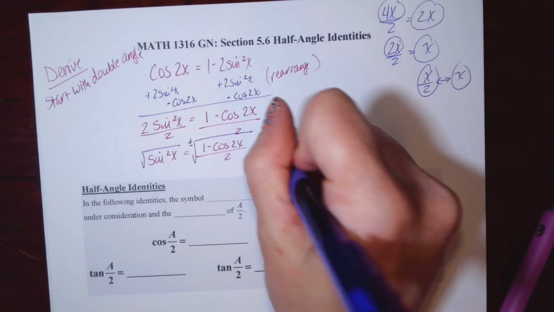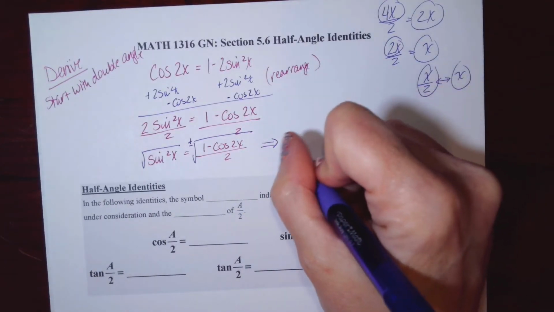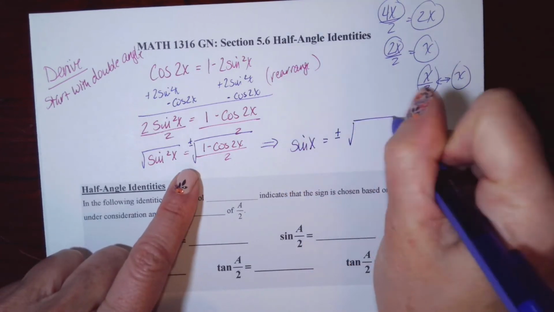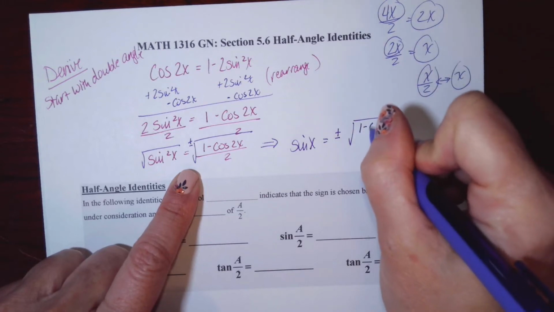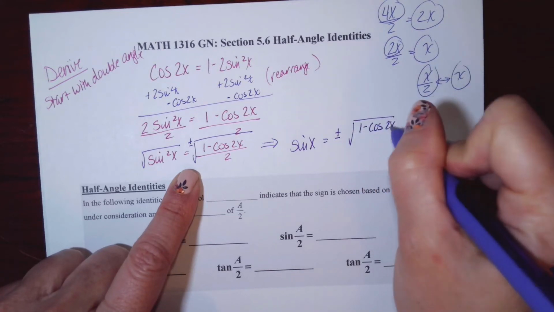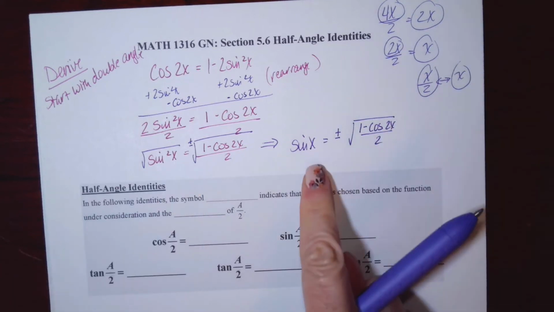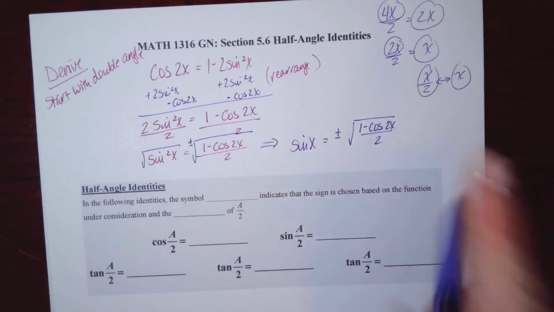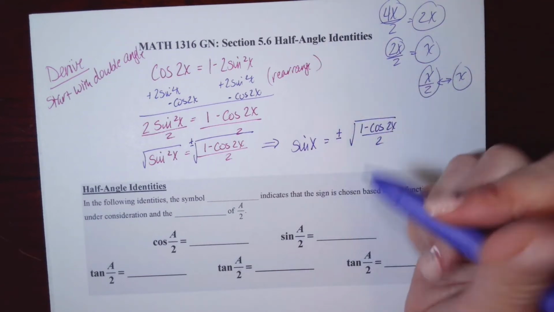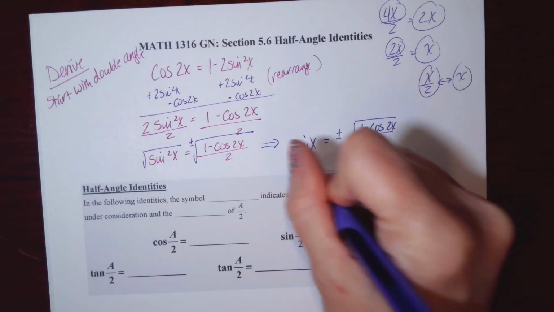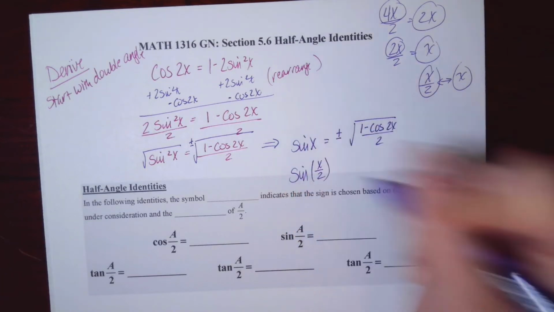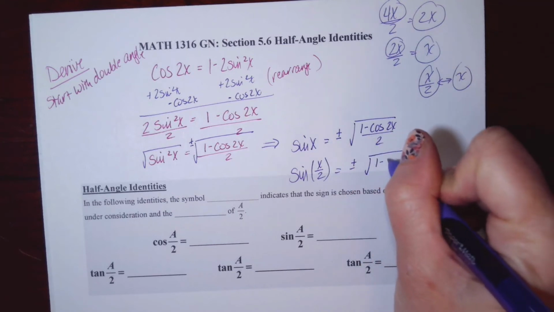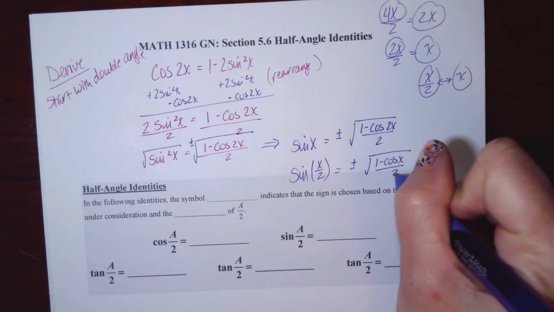So that gives me my half angle identity. Sine x is equal to plus or minus the square root of, with everything underneath that radical, 1 minus cosine 2x over 2. I have an argument here that is half the argument over here. Another way to write that would be sine of x over 2 equal to plus or minus the square root of 1 minus cosine x over 2.